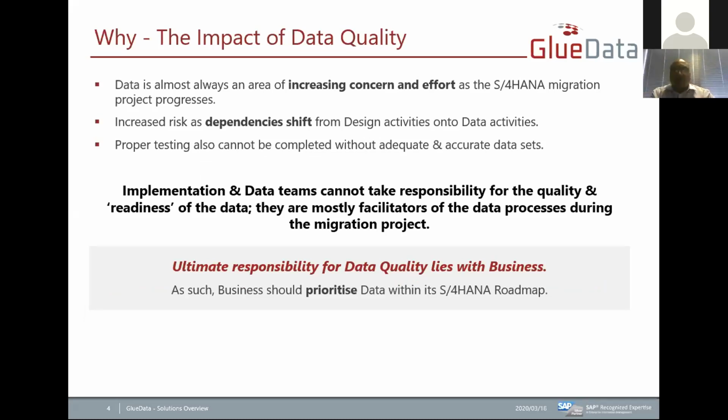So let's look at the impact of data quality specifically on the S/4HANA project. Data is almost always an area of increasing concern and effort during the migration project. This is due to those escalating and complex dependencies, the data cleansing and preparation requirements that come about mid-cycle or immediately prior to even productive loads, when the business process and technical importance of the data is suddenly realized.